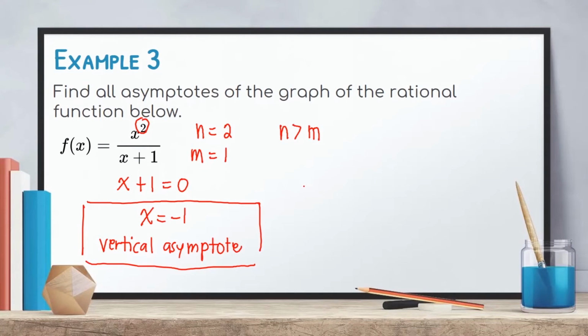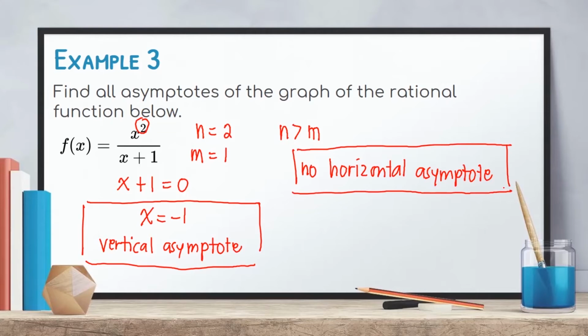The third condition states that if the degree of the numerator is greater than the degree of the denominator, then there is no horizontal asymptote. Therefore, the given function has no horizontal asymptote.